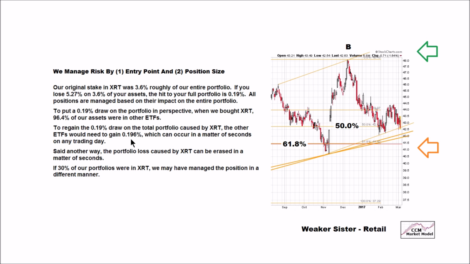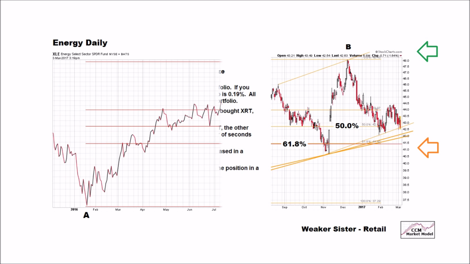And as we know in the markets, that can happen in a matter of seconds. Therefore, we can't just look at a roughly 5% loss in XRT. We have to take into consideration our exposure. If 30% of our portfolios were in XRT, we may have managed the position in a different manner.